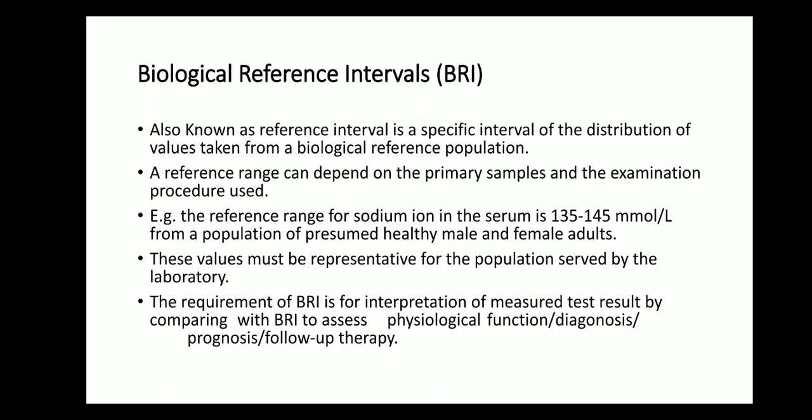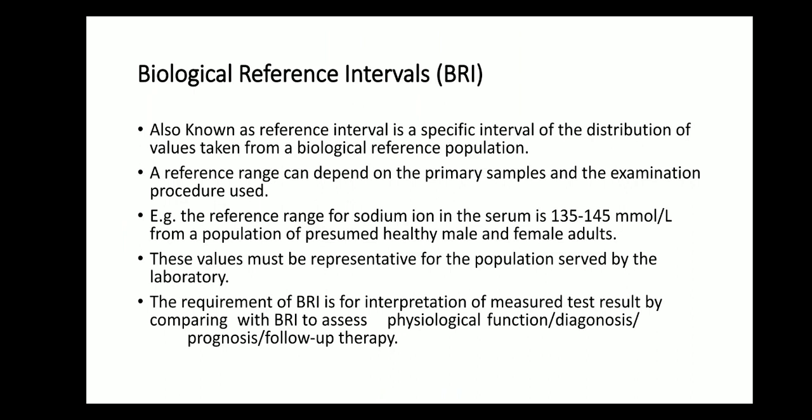And finally coming to biological reference intervals. This is also known as reference range, reference interval or normal range. The reference range can depend on the primary samples we are receiving and the examination procedures used. The reference range for sodium ion is 135 to 145, for example.